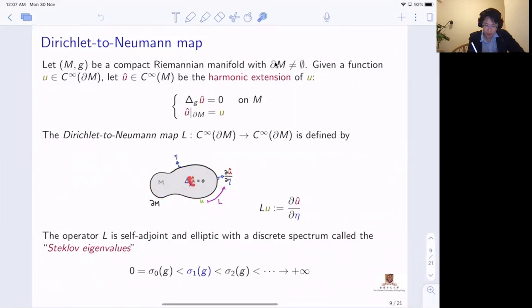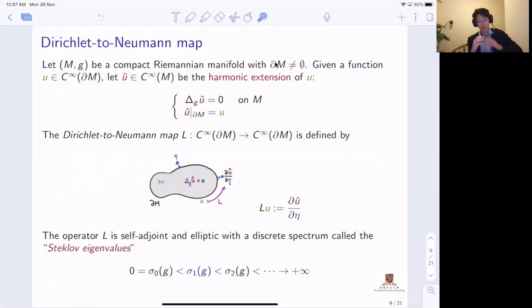Once I get this harmonic extension, I can compute the outward normal derivative of this harmonic function at the boundary. So in the end, I input Dirichlet data u on the boundary and output Neumann data on the boundary. This is why it's called a Dirichlet-to-Neumann map, denoted by L here.